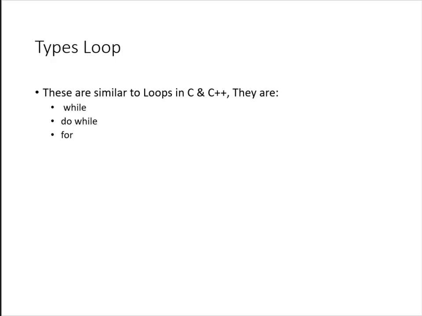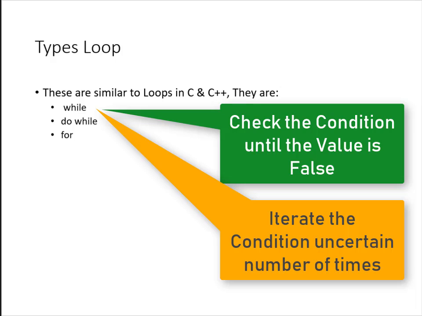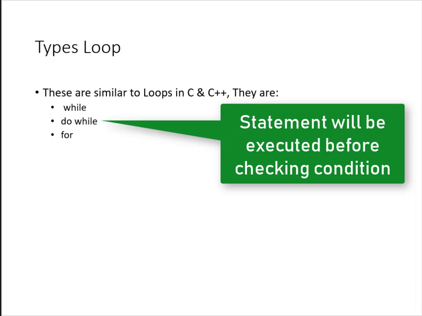Let us find the looping constructs and how we can use them in Java. Looping constructs are identified as while loop, do while loop, for loop, and for each loop. The while loop approach is to check the condition first and repeat the statement for a number of rounds until the condition returns false. The do while loop has another approach.